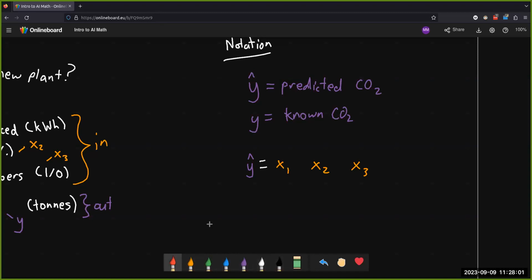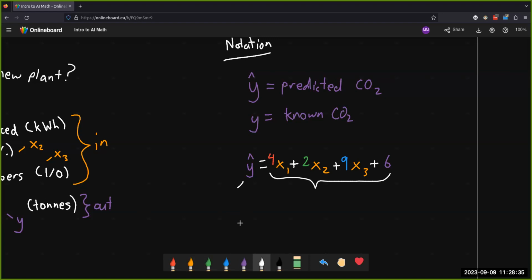So let's say 4x1 plus 2x2 plus 9x3. Add in our plus signs. And we can even have an extra number over here, so let's say plus 6. Why not? Now this is a perfectly valid equation to go from our inputs to the predicted output we wanted.